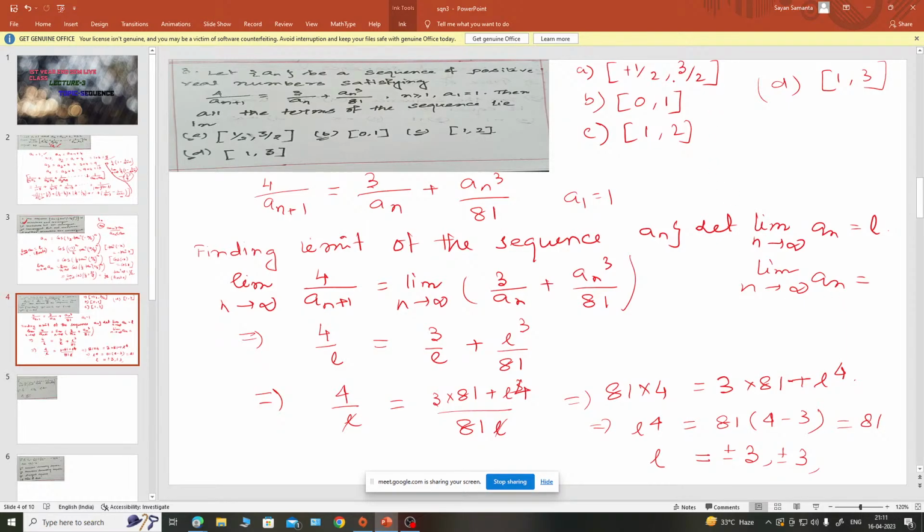Here the first option is 3 by 2, 1 by 2, which does not contain 3, so this is discarded. The option 0, 1 does not contain 3, so it is not correct. The third option is 1 and 2, which does not contain 3 or minus 3, so this is discarded. In option D we see 1 and 3. Here 3 exists, so option D is correct.